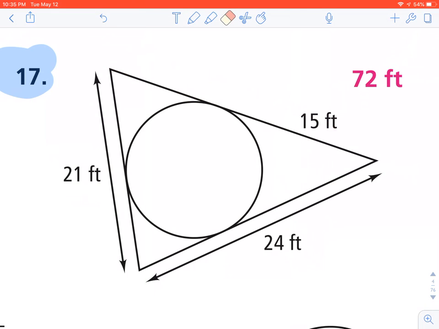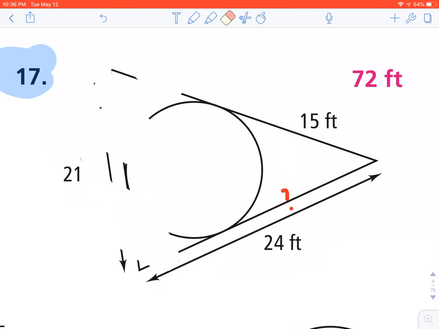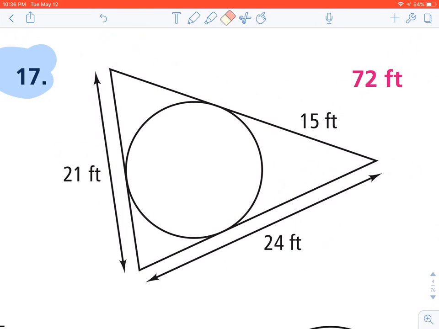Well, easier said than done. In order for me to know how much this is, I have to work backwards. I would have to know how much this piece is. Subtract that from here. I have to know this piece, and I have to know all these pieces to figure that out. But once you get the first one, they all fall into place.